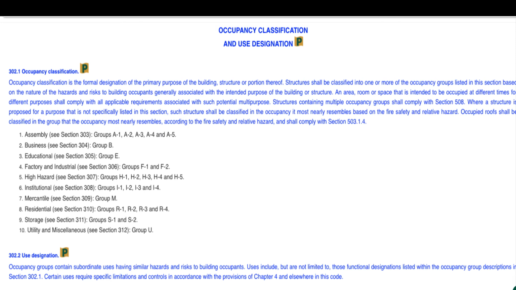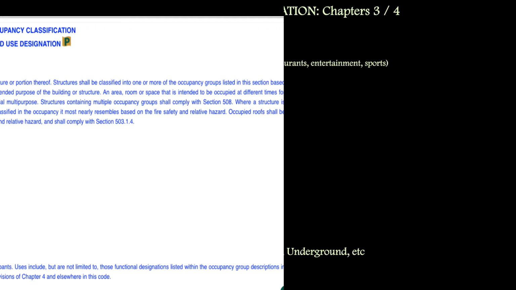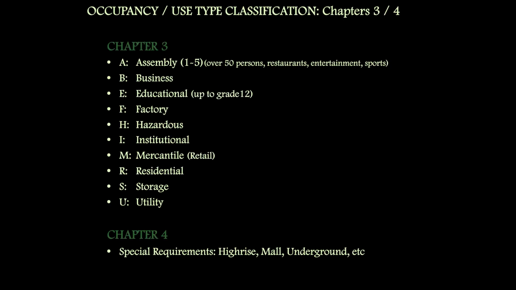So what do we mean by uses? You'll find this information in Chapter 3 of the Building Code. When we look at a building, we want to assess what people will be doing there in order to understand the level of hazard and also the level of fire safety, also the level of independence of the users themselves.